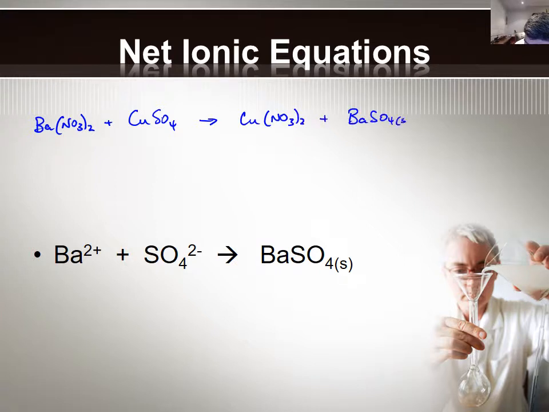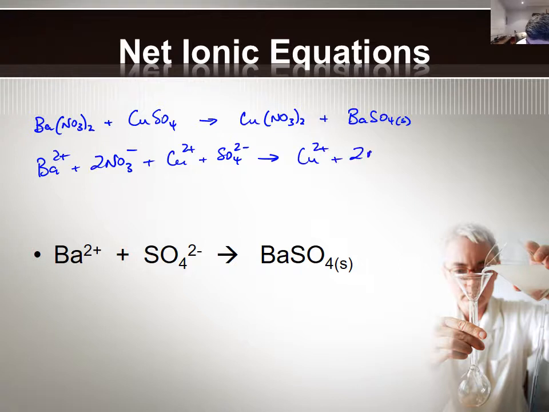And I will put the solid on that one just so we remember that it's the solid, and the rest are aqueous. So then we split them up. Barium ions, 2 nitrate ions, a copper ion, sulfate ion, producing copper ion, 2 nitrate ions, and the barium sulfate precipitate.